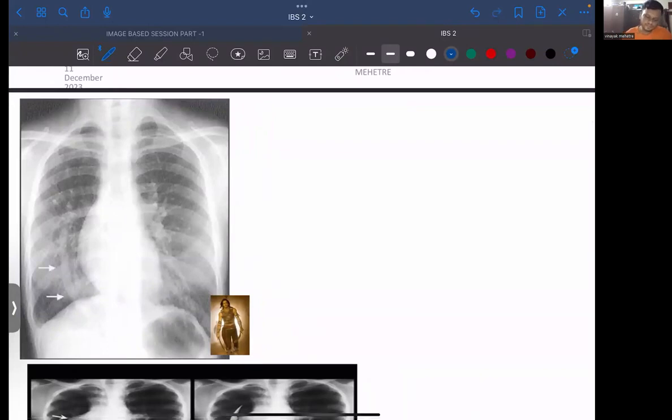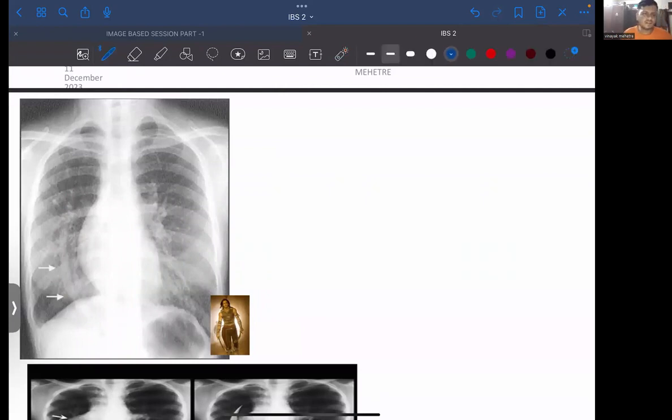What do you think? Take a look over here. Something is coming from below, from the abdomen into the chest. It is called scimitar sign. Scimitar is a Turkish word.